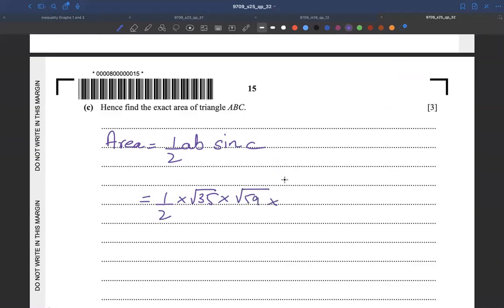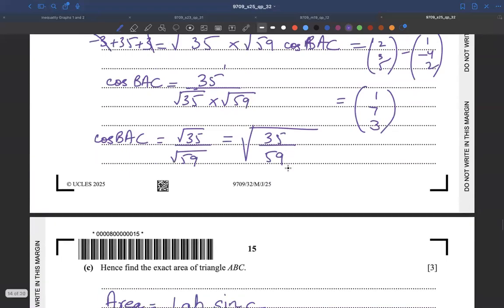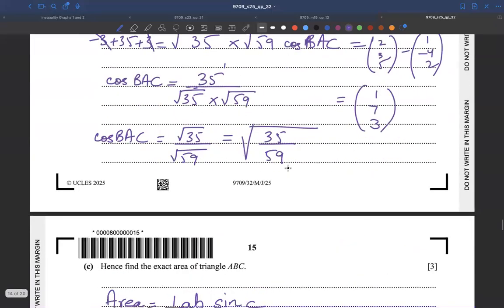Now this angle, we just left it as it is, but if we use our calculators, so if we do shift cos inverse, and we'll make sure our calculator is in degree mode. So this will be shift cos inverse of root 35 over 59. So that angle is 39.627.